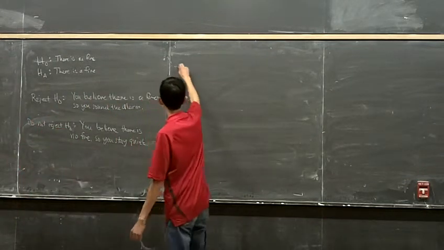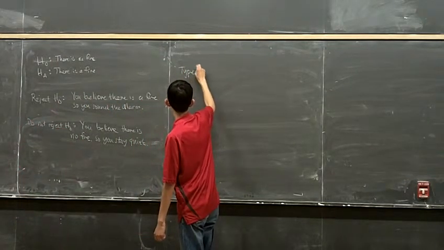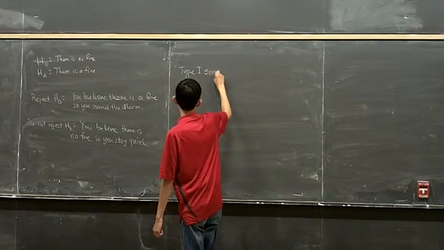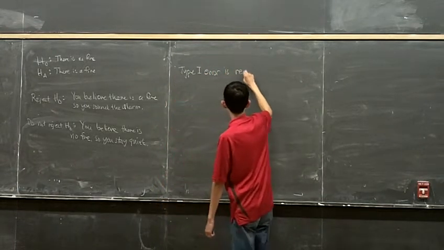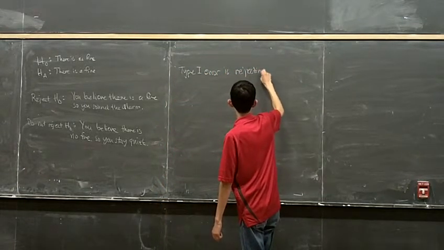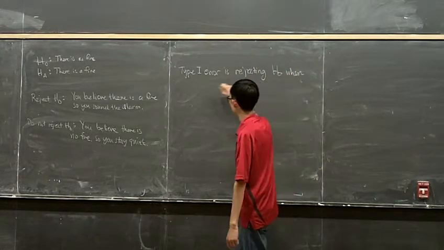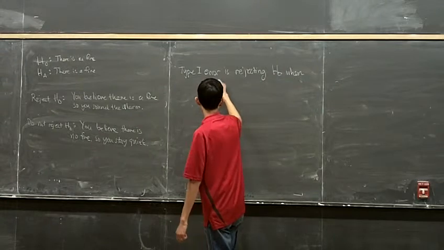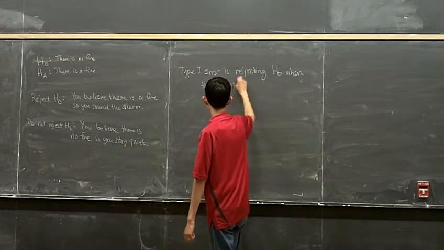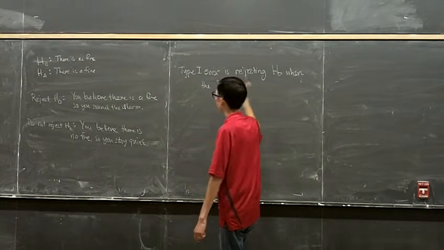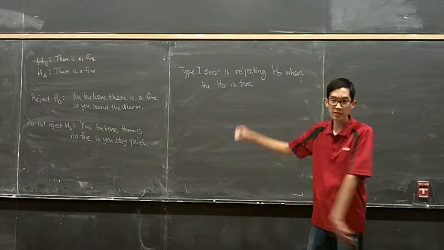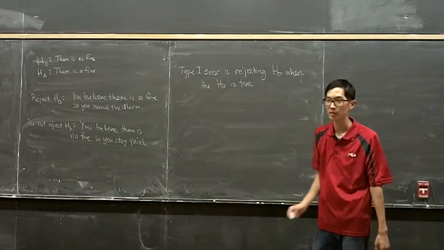A type 1 error is rejecting the null hypothesis when the null hypothesis is true. So for the fire alarm, what does this mean?